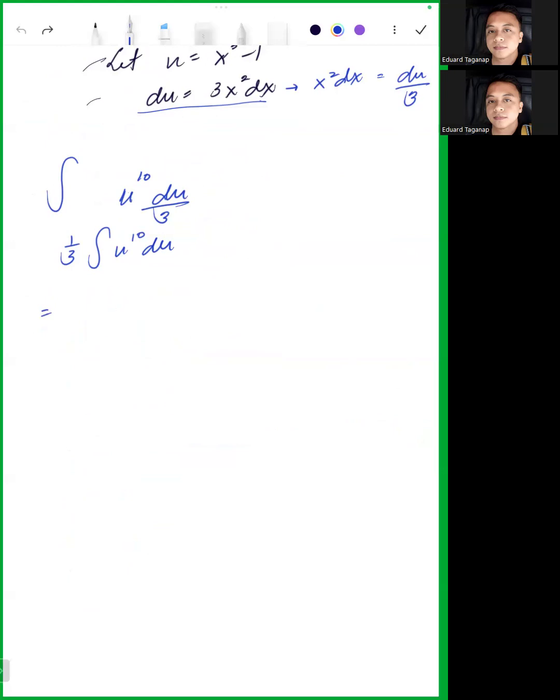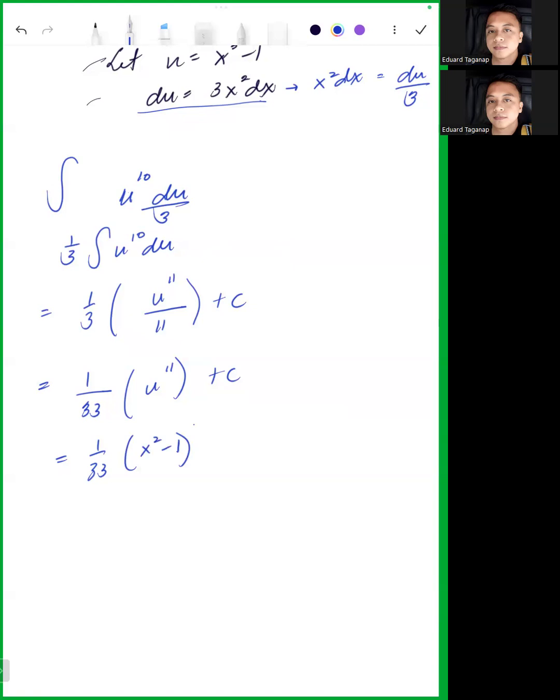Sorry, 1/3 times, applying the power rule, u raised to 11 over 11, plus c, which is 1 over 33 u raised to 11 plus c. And u is what? x cubed minus 1 raised to 11, plus c.